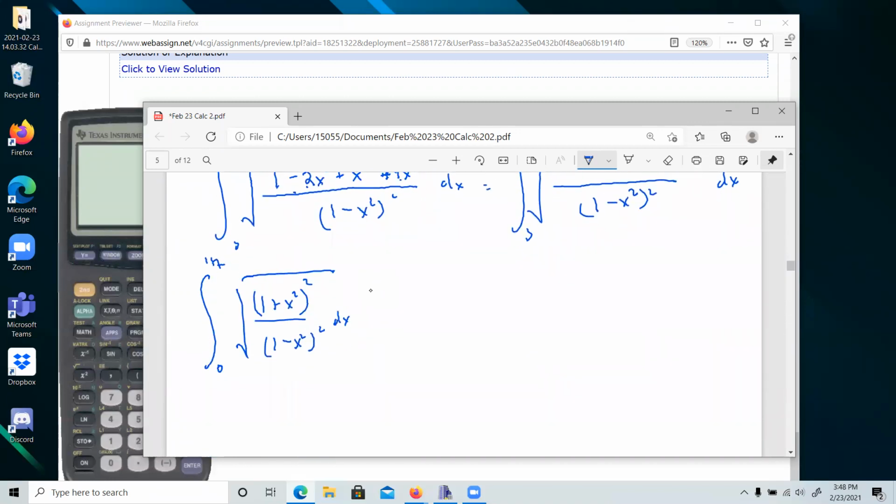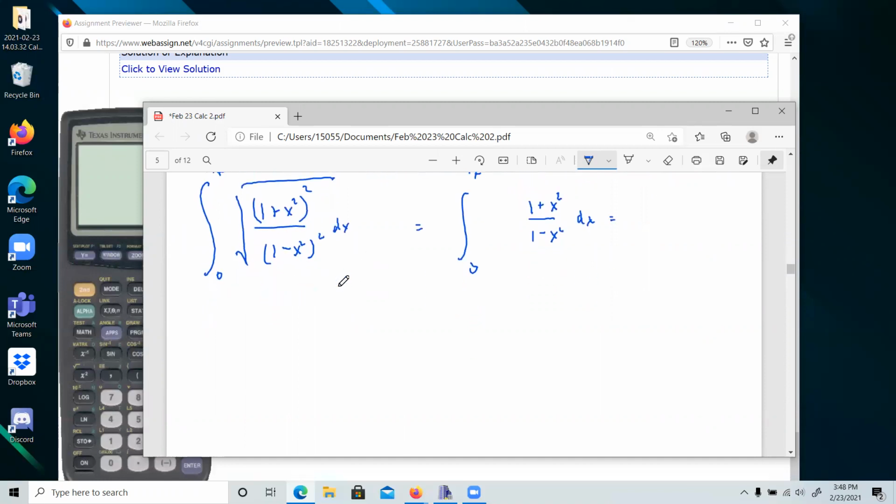So we can go ahead and take the square root of the square. So we end up with the integral from 0 to 1/7 of 1 plus x squared over 1 minus x squared dx. I'm going to rewrite this just one little bit. I'm going to say this is x squared plus 1 over negative x squared plus 1. Okay. And can we integrate that? Yes, but not the way it looks.